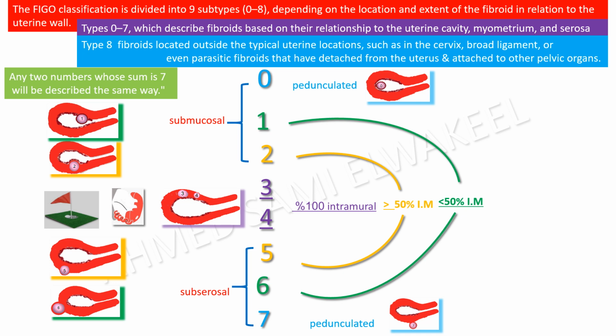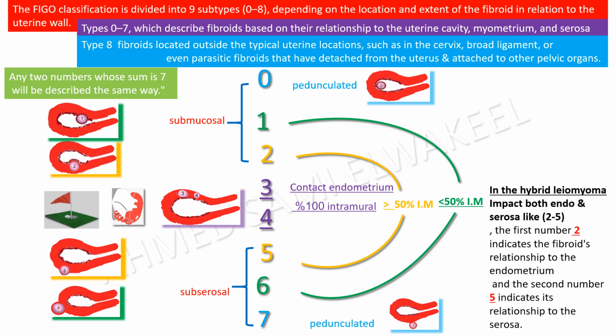So number 3 is 100% intramural and can contact the endometrium. The hybrid leiomyoma impacts both endometrium and serosa, like 2-5. The first number 2 indicates the fibroid's relationship to the endometrium, and the second number 5 indicates its relationship to the serosa.